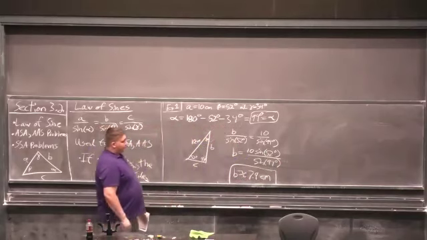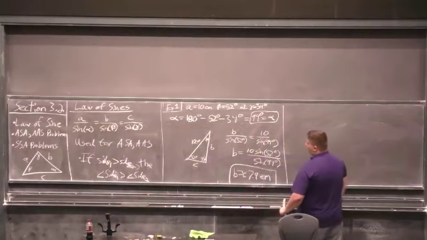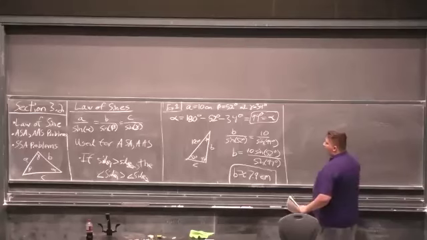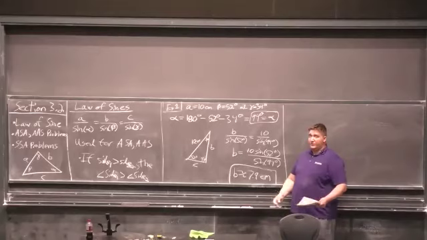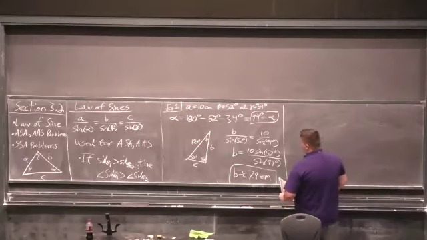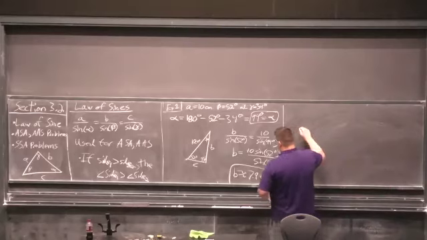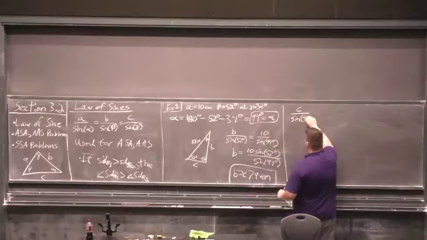So now, when I solve for the rest, we can find C. I can just do another law of sines. If you wanted to, you could use law of cosines here, but it's easy to do law of sines. So we have C over sine of gamma. What's gamma? 34 degrees is equal to.